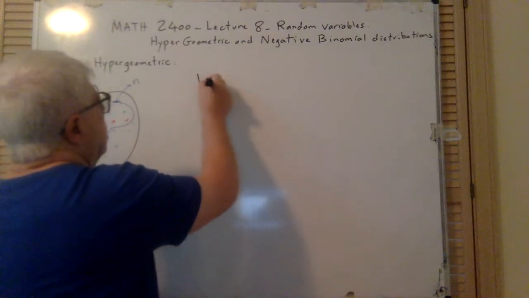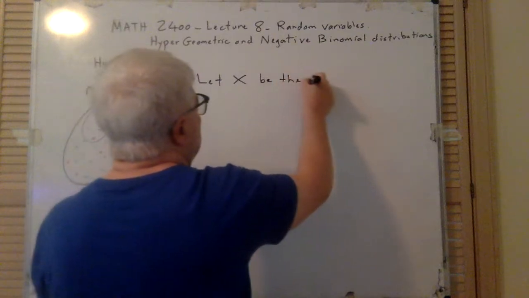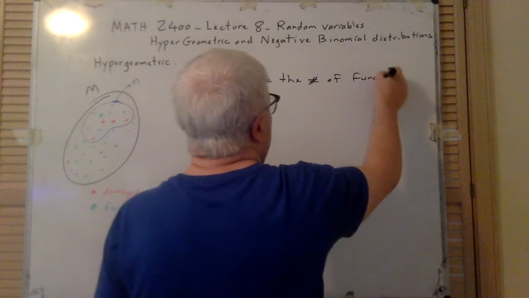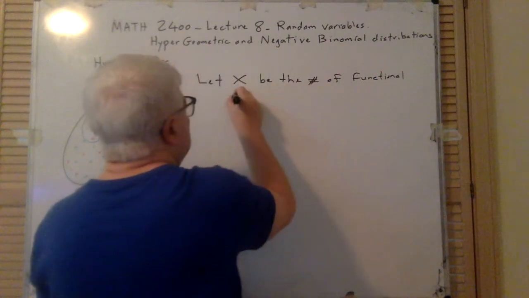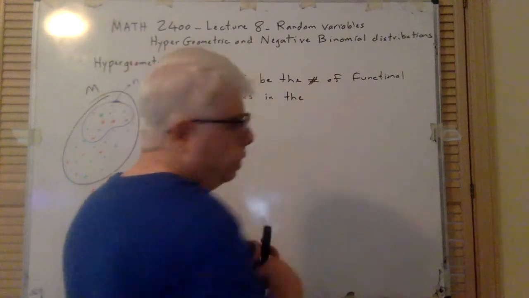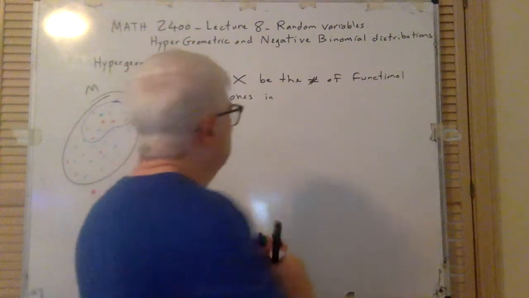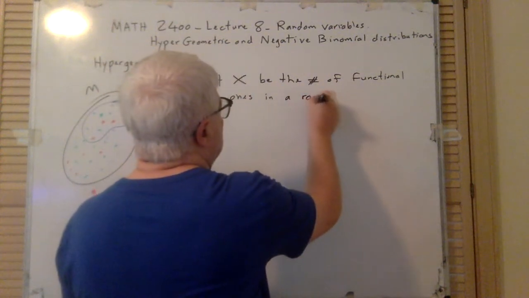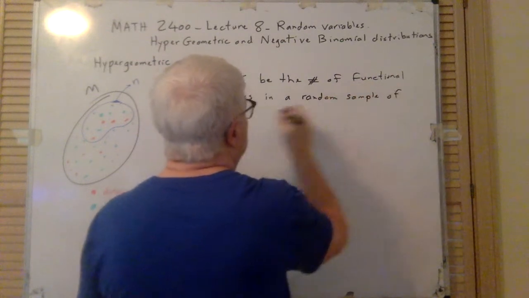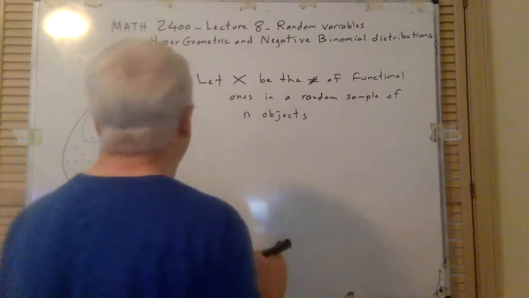So let X be the number of functional ones in a random sample of n objects.